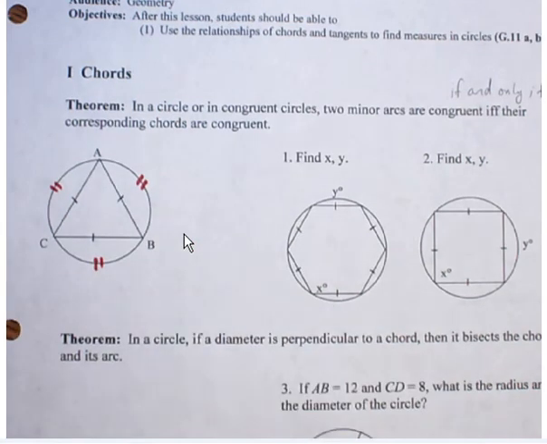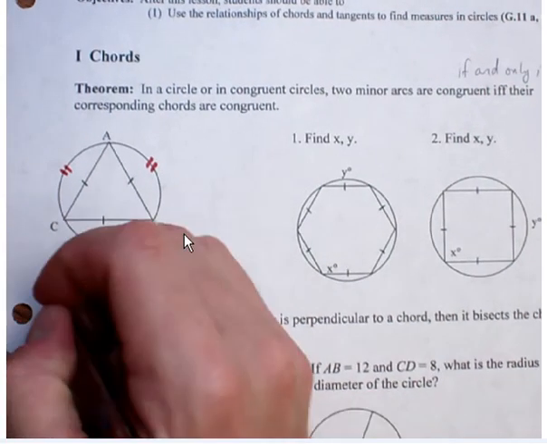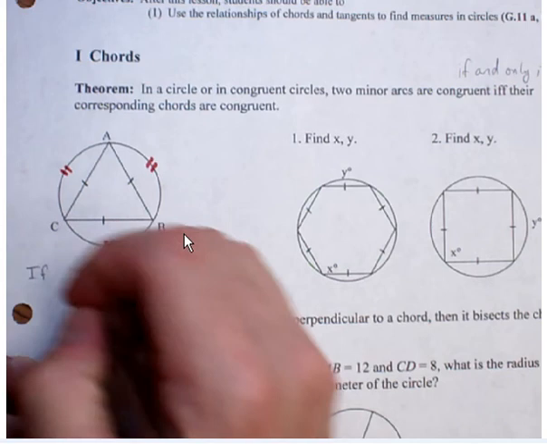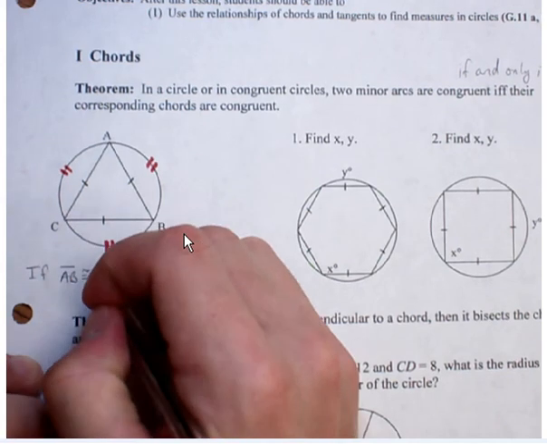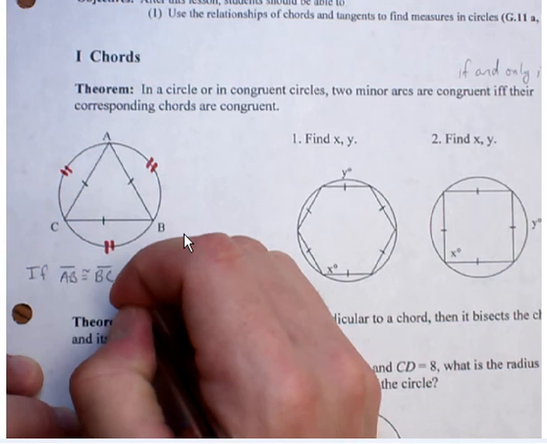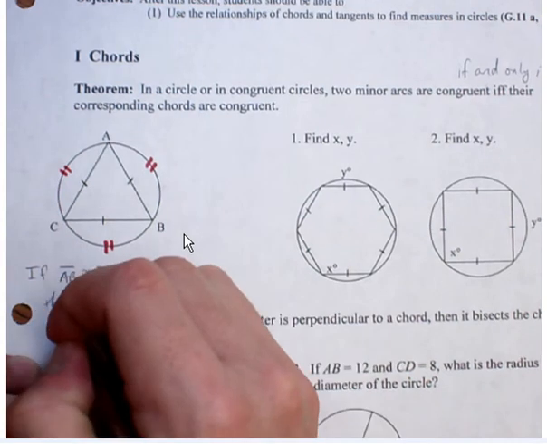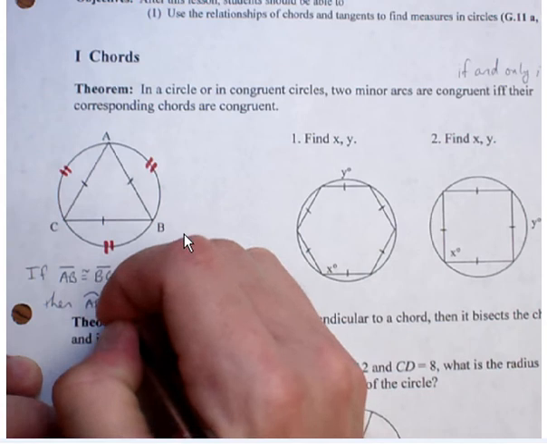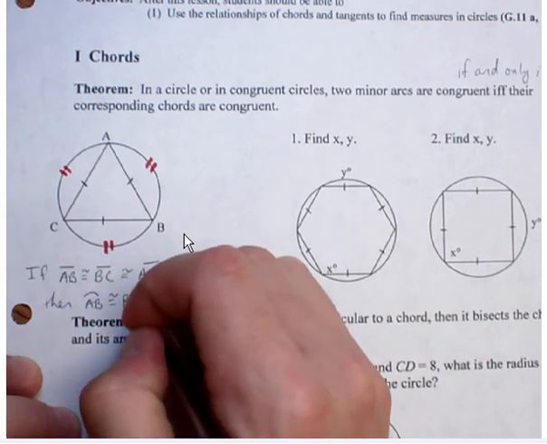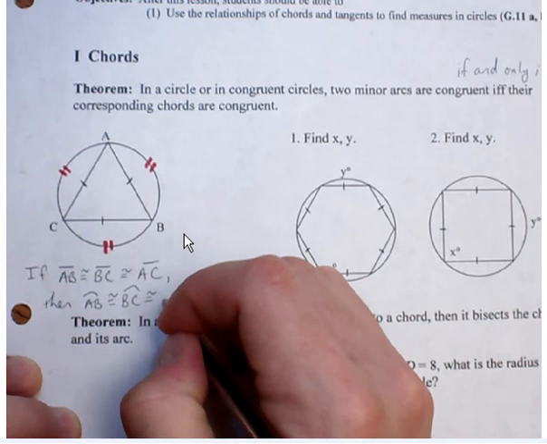The way that we're going to write this, beneath the picture, we'll say if segment AB is congruent to segment BC is congruent to segment AC, then we know that arc AB has to be congruent to arc BC, which has to be congruent to arc AC.